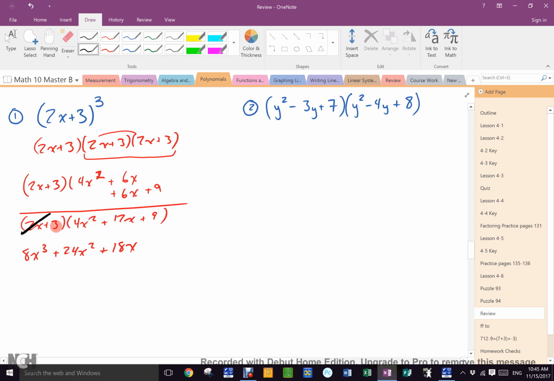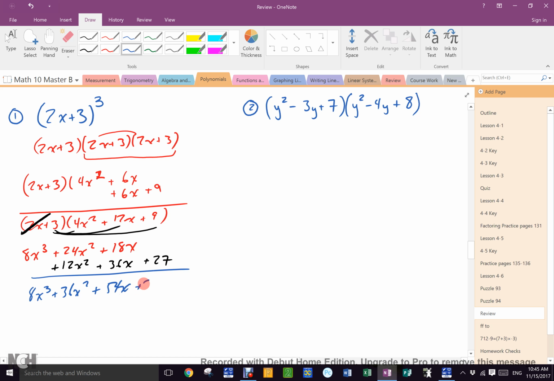Then I'm going to use a new color because I'm starting a new line. 12x squareds, I keep my x squareds together, plus 36x, I keep my x's together, plus 27. Then I add it up. 8x cubed plus 36x squared plus 54x plus 27.